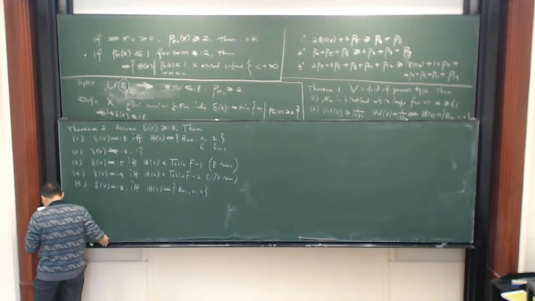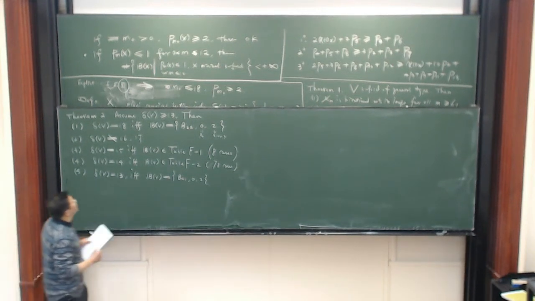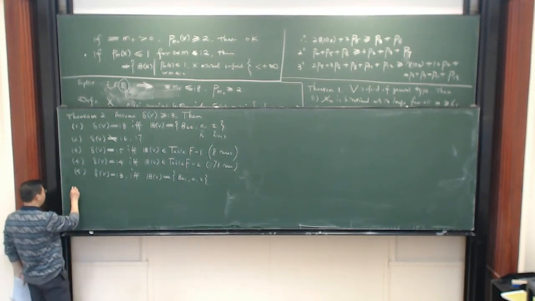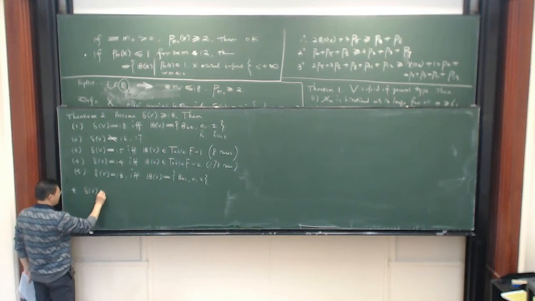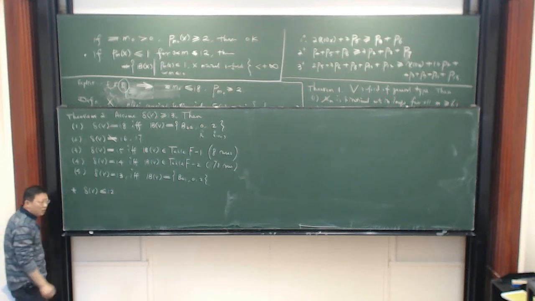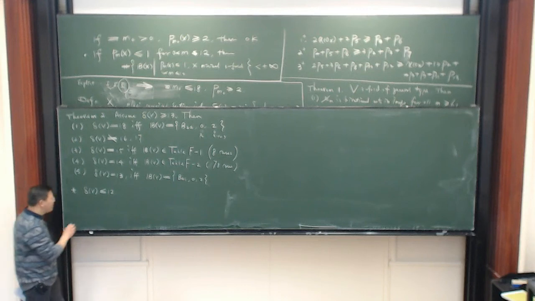And so you will ask me what happens when delta V is smaller. Okay, so I only have a remark here. If delta V is smaller than 12, you cannot prove that. I believe that it's not.